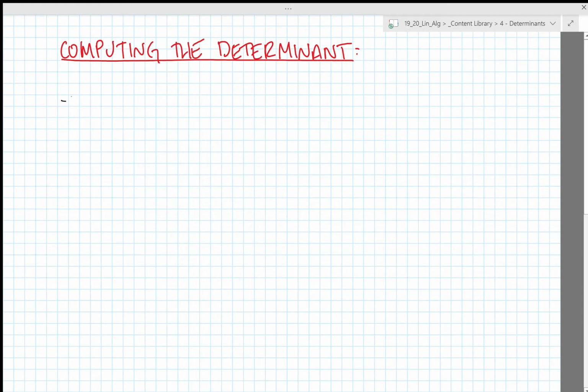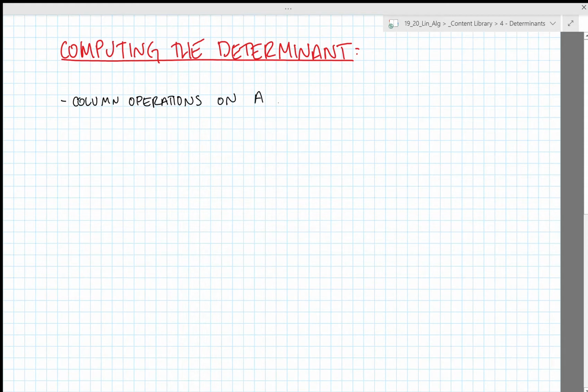So we can do column operations, and here's where an idea comes into play. Column operations on A, because remember, column operations don't change the determinant. Well, not necessarily. I'm going to revise that statement in a second.